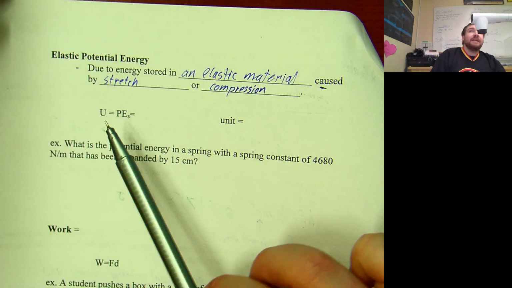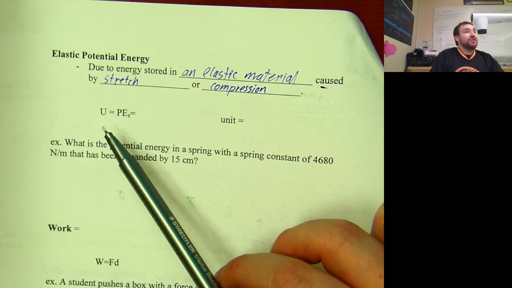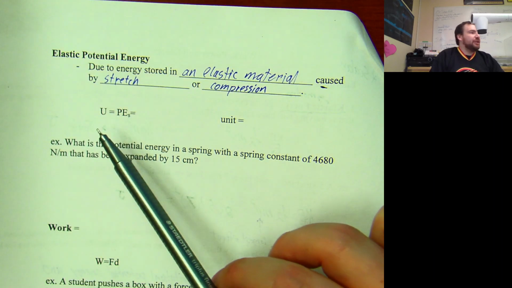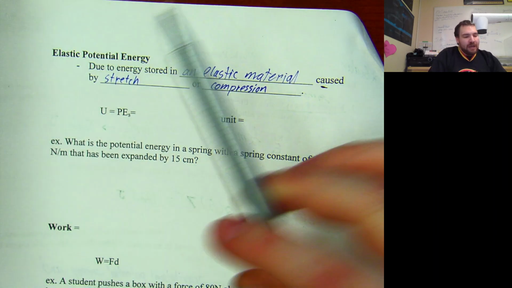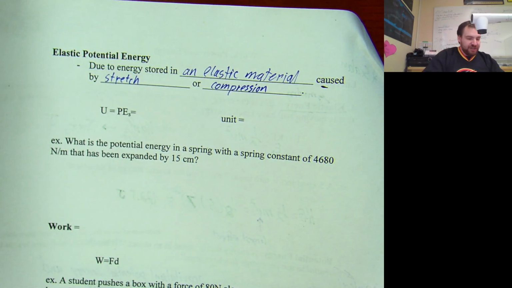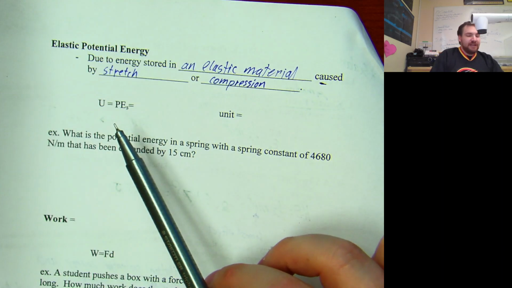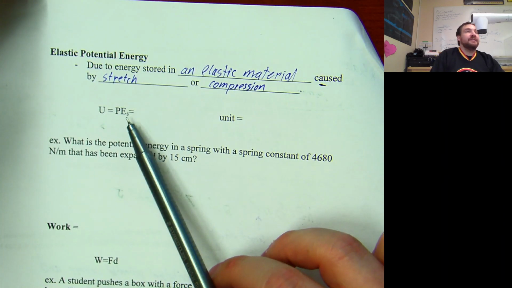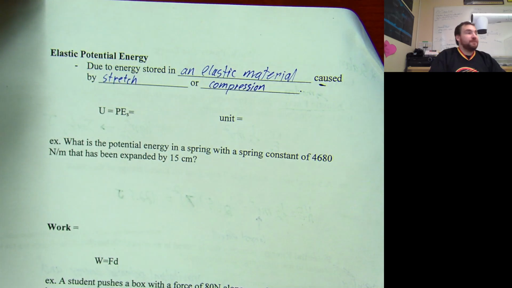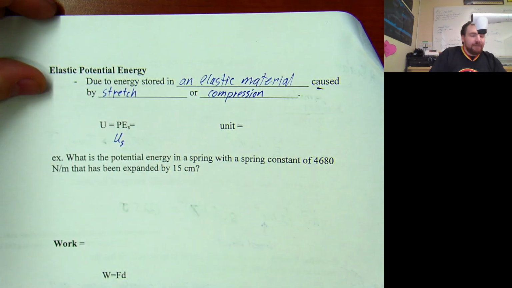So this one, notice, and I didn't address it with the gravitational potential energy, but potential energy is for whatever reason, don't ask me why, I don't know, the capital letter U is used for all types of potential energy. So sometimes it's also given to us as PE with a subscript s for spring, or U sub s.